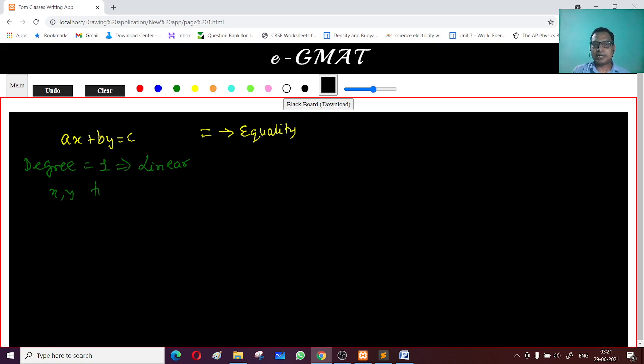Since there are two variables x and y and the degree is 1, we can say that these are linear equations in two variables, right? So these are equations, and that has to be seen.